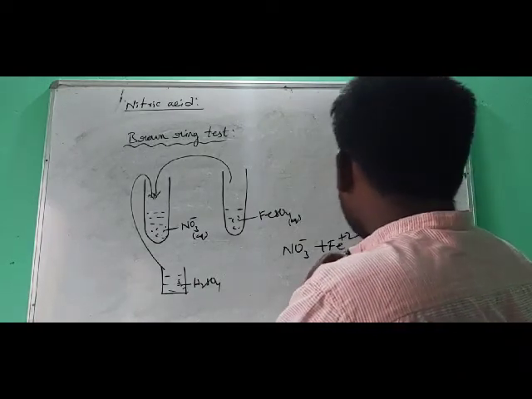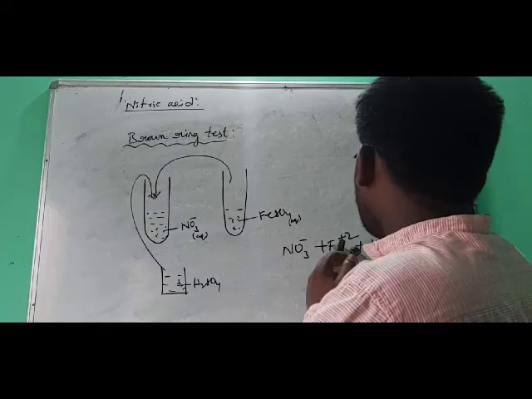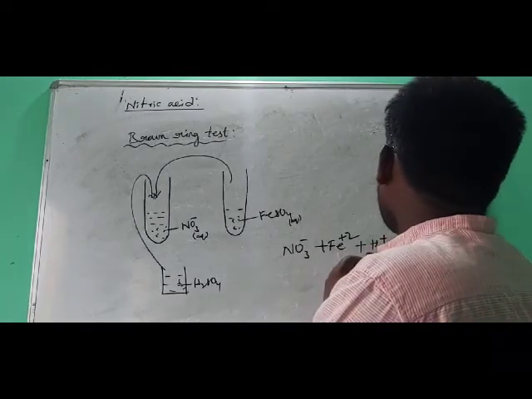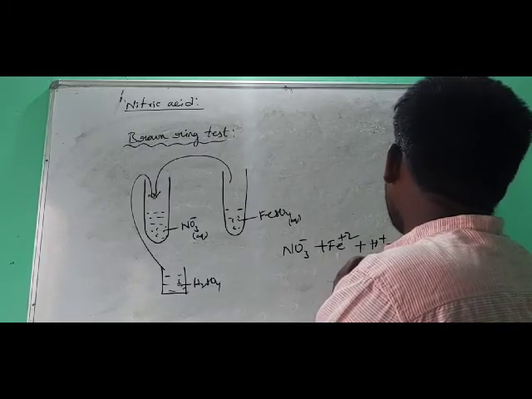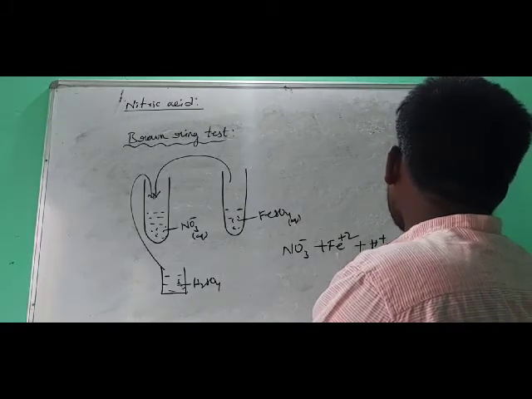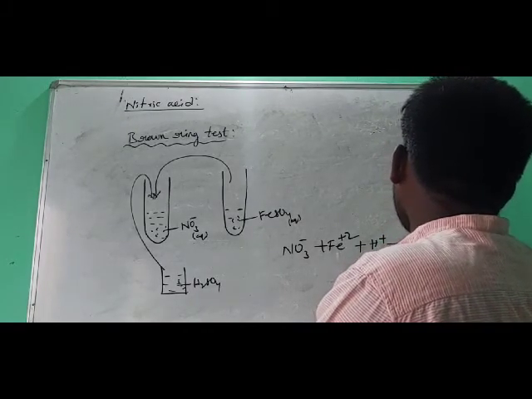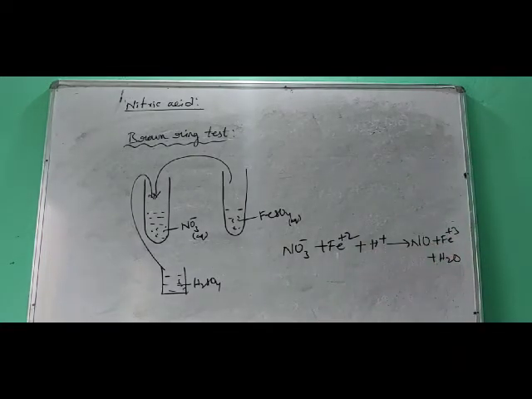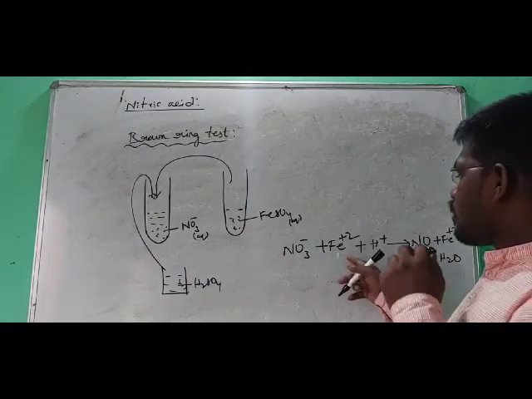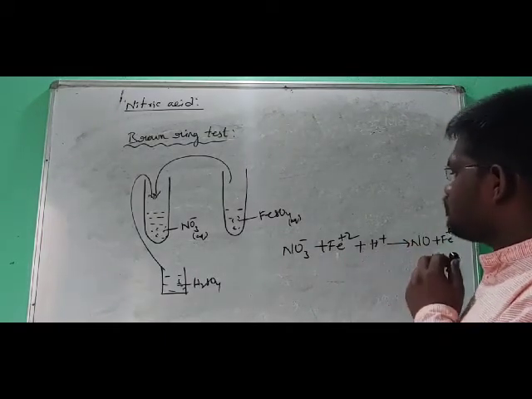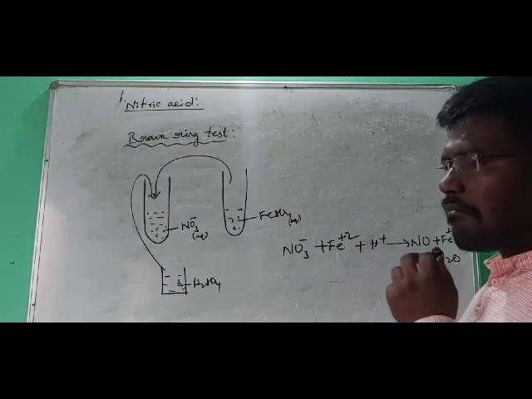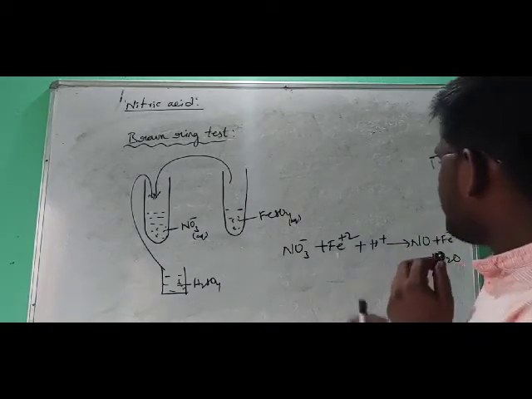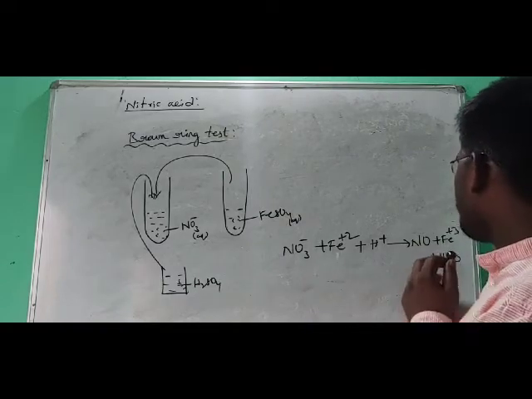Now here, Fe plus 2 undergoes oxidation to Fe plus 3 by reducing the NO3 minus, and it gives water. NO3 minus is reduced to NO.